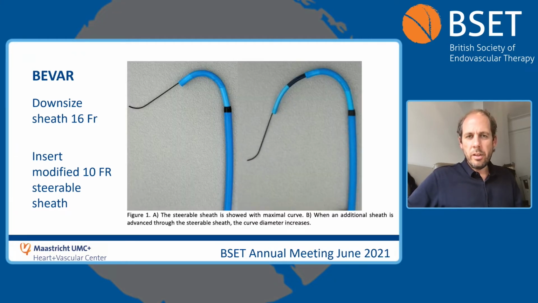And this is an image of a small technical paper that we published that shows you a steerable sheath and demonstrates what happens if you put in a steerable sheath an additional sheath or a catheter or a covered stent. Then the angle or the diameter of the curve will actually decrease.